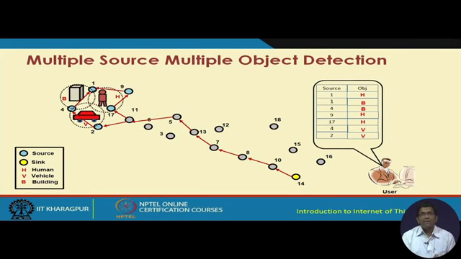Another example is multiple sources detecting multiple objects, as in this particular figure, and here again you see that the complexity is quite increased. These 5 sources, whether they have detected 5 different objects or the same object, and not only that, but also whether these objects are all different.